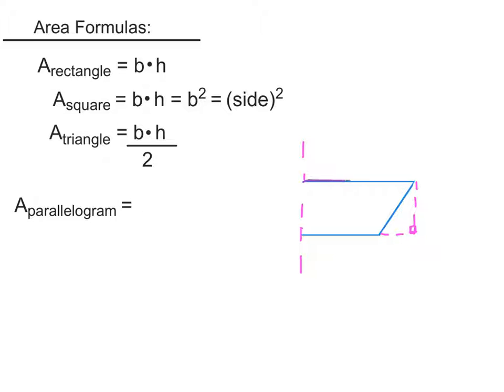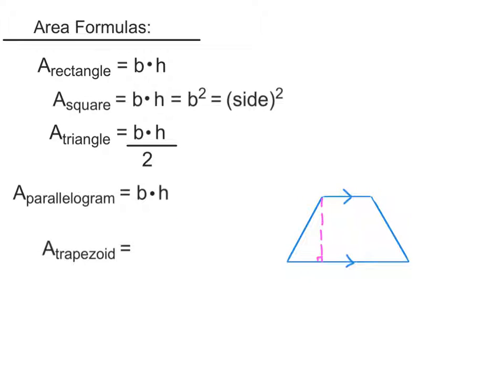If I trace the complete figure in purple, what am I looking at? I'm looking at a rectangle. What's the area of a rectangle? We know this, base times height. So I've given you two ways now to justify that the area of the parallelogram is also base times height.